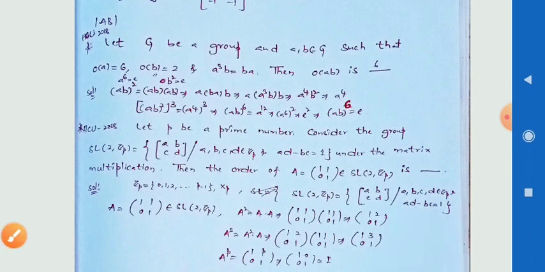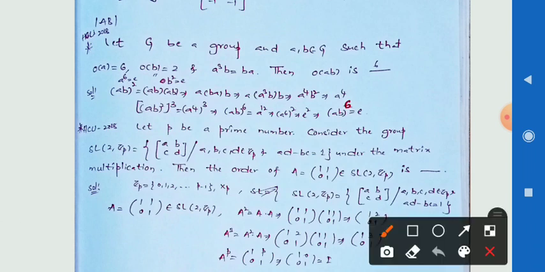Now that becomes a into a cube into b into b, which becomes a power 4 into b square. Here b square is e, as given. Replacing with e we get a power 4 into e, that becomes a power 4.